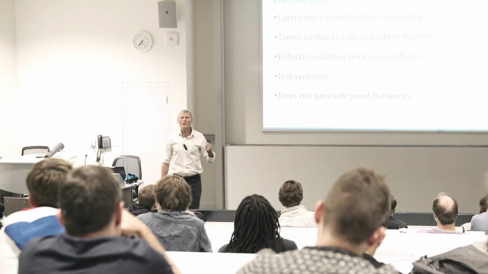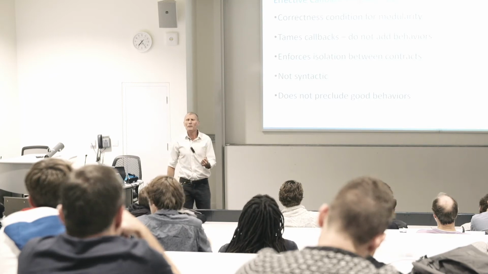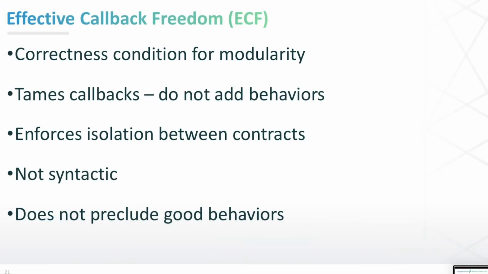So in this paper, we define a generic correctness property for all contracts. We say a contract is effectively callback free if, wherever you have an execution which has a callback, there is another execution without callback. Or if you want to think about it intuitively, it means that you don't have to worry about callbacks. You can just ignore them. We want to make sure that in any program that we write, this is the case.